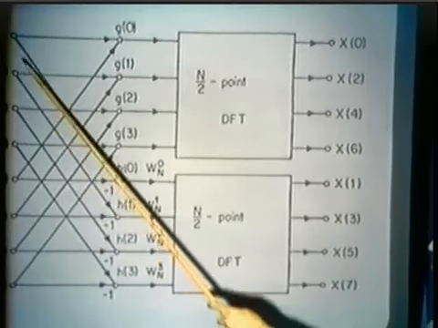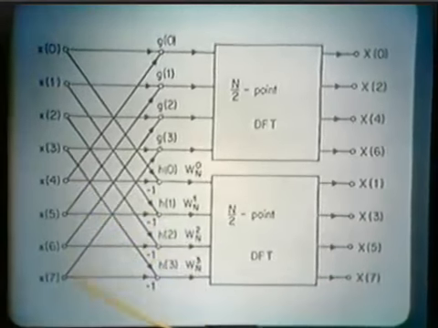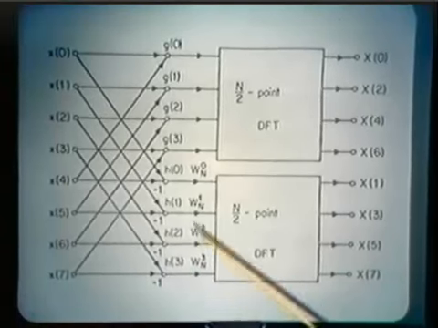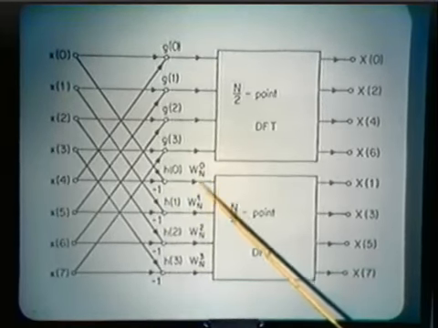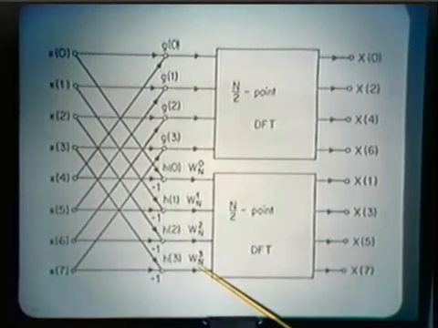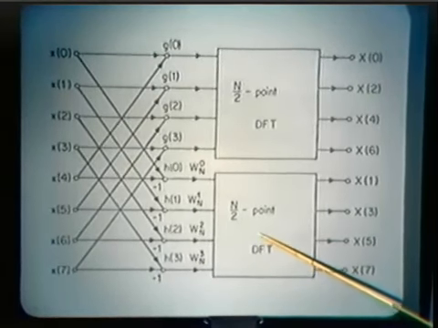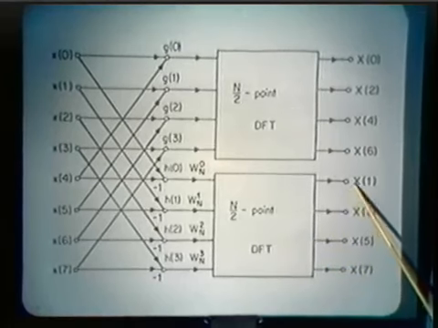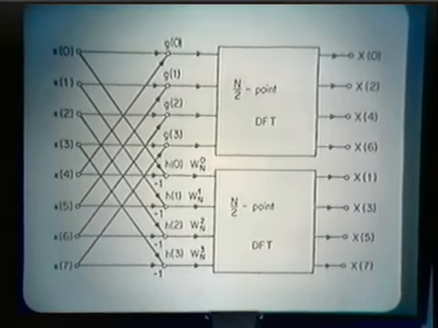And then we would subtract the first half of the input points from the last half of the input points, multiply that subsequence H by successive powers of W, compute an n over 2 point DFT of that, and the result would then be the odd-numbered output points.